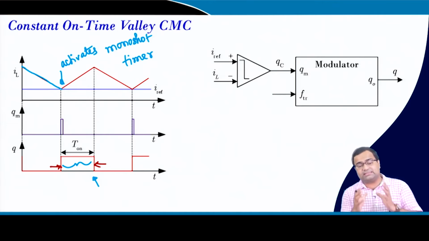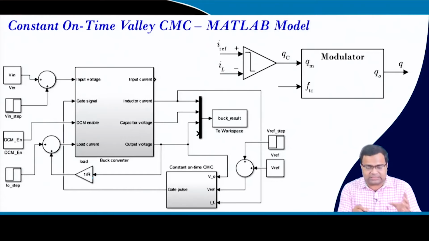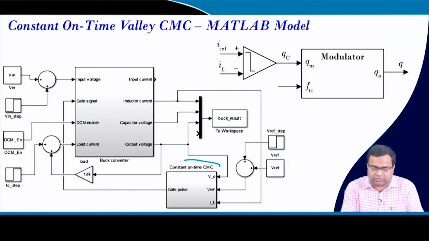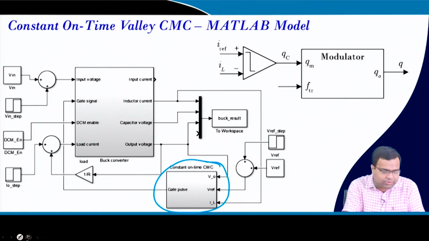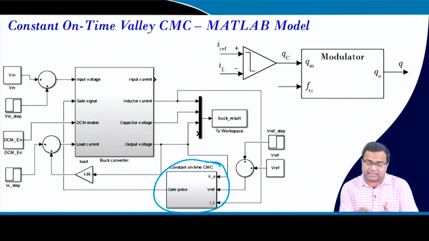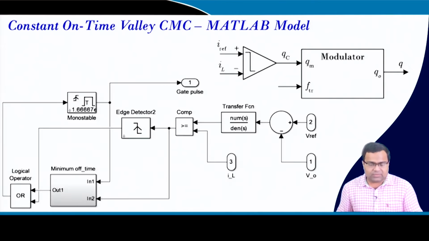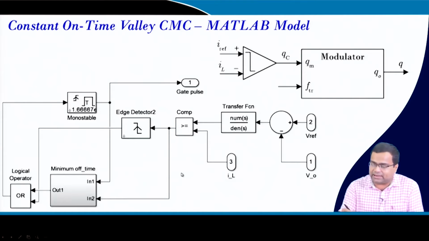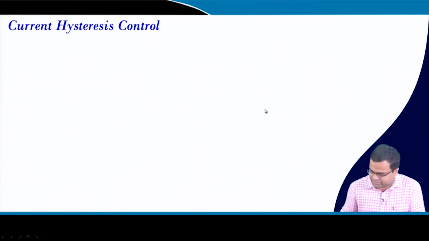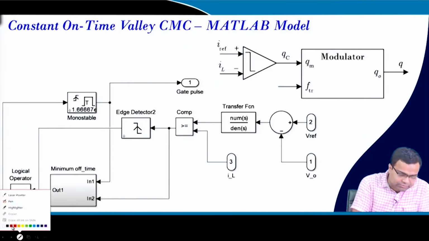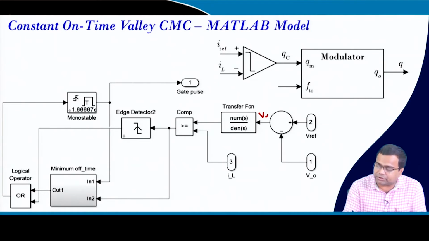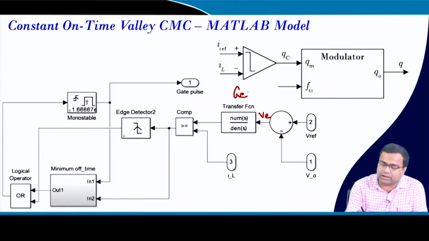And again in this technique also, if you want to implement in MATLAB, this part is common. So this is the constant on time controller that we are talking about. So we want to see what is inside this block, okay. So if you go inside in the valley current mode control, you will find again this is our error voltage, this is our controller, this is our reference current, and this is the inductor current, okay.